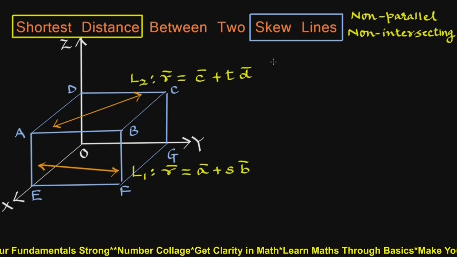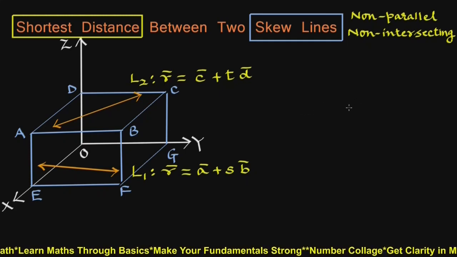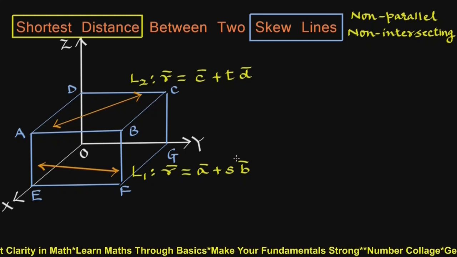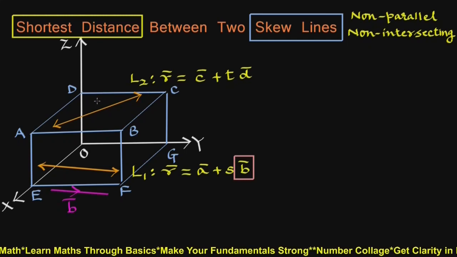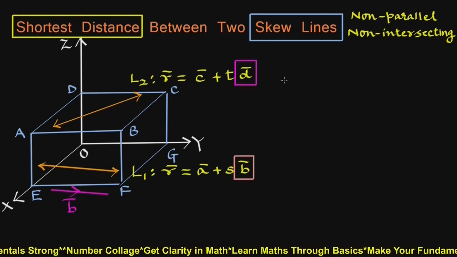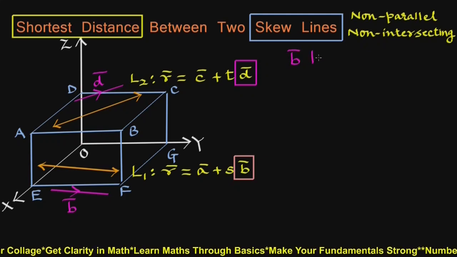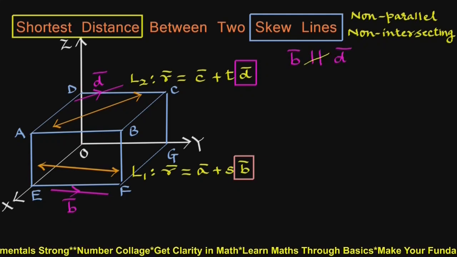Now, that lines L1 and L2 are skew lines can also be understood from the fact that line L1 is parallel to vector B bar and line L2 is parallel to vector D bar, and since B bar is not parallel to D bar, the lines are skew lines.